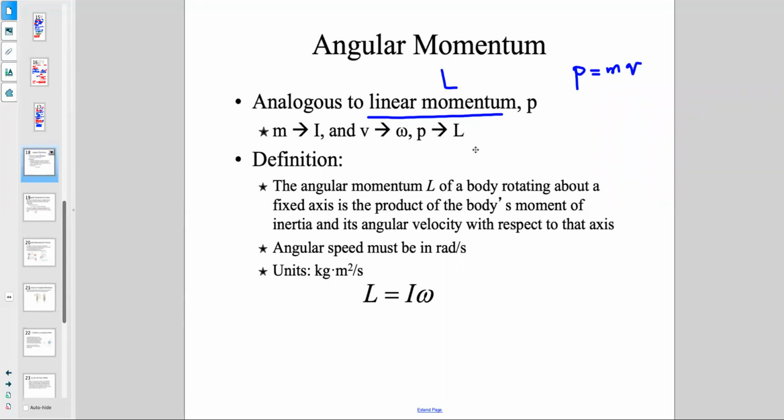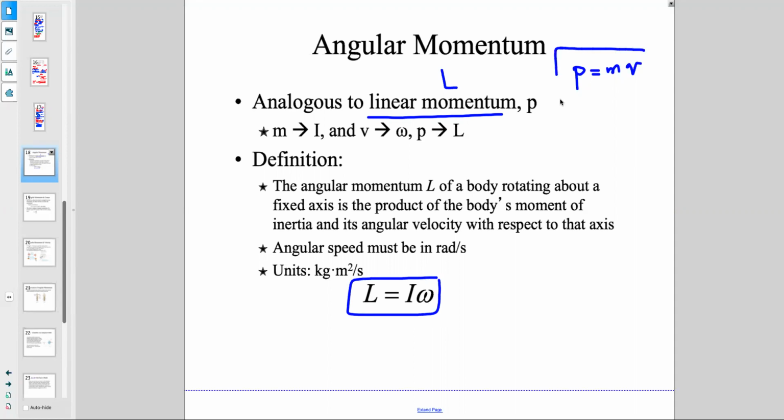So the angular momentum L of a body rotating about a fixed axis is the product of the body's moment of inertia, which is I, and its angular velocity, which is omega, with respect to the axis. That is the definition, and they are pretty much the same.